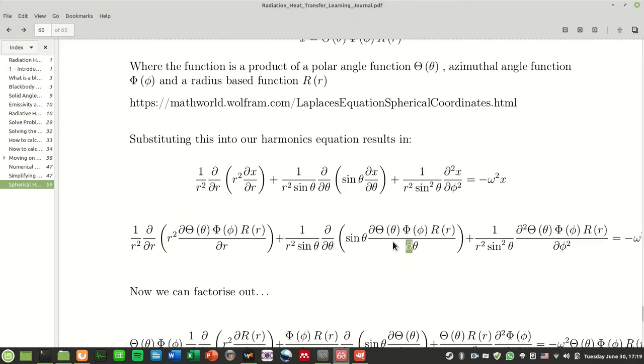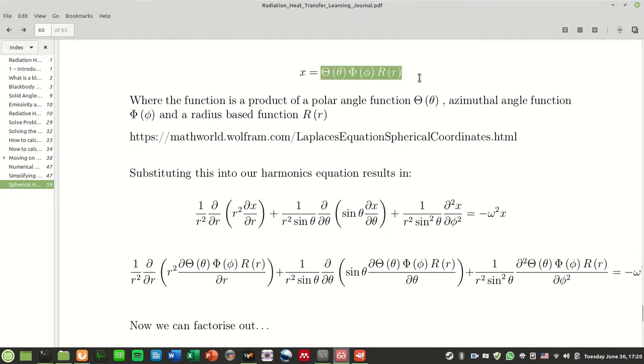This one is del by del theta, so we can bring out this phi function and r function. Likewise for the phi over here, which is the azimuthal angle part, I can bring out this theta and r function. Of course, I'll have the omega squared x on the right hand side, which is spilling off the page, so apologies for that, but basically you have x equals a function of three variables.